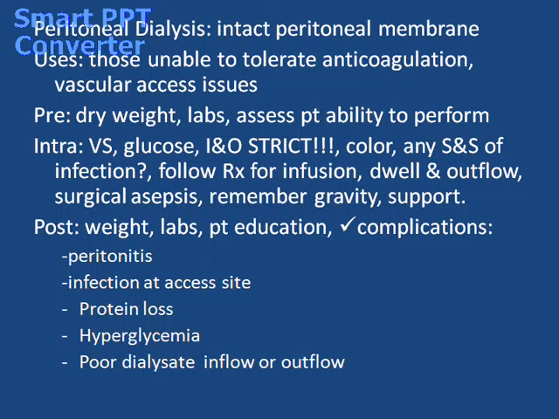So we eliminate those who have had multiple surgeries and don't have that peritoneal membrane, and then we eliminate those who are unable to manage this process, which is difficult. So only a certain special population can manage self-peritoneal dialysis.